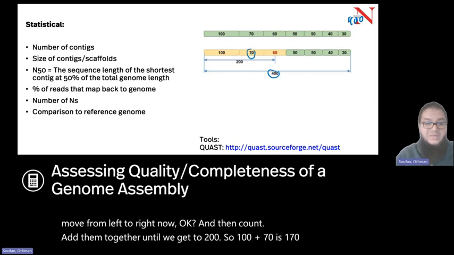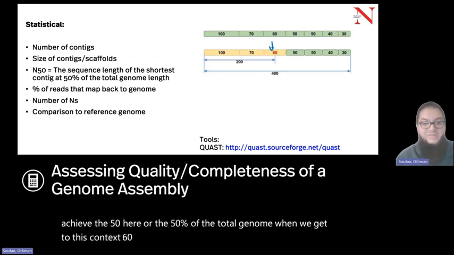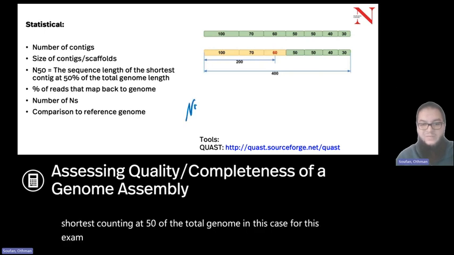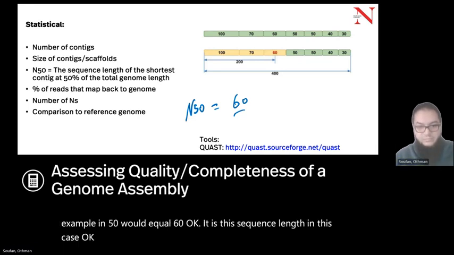We achieve the 50%, or half of the total genome, when we get to this contig, 60. So N50, that is the sequence length of the shortest contig at 50% of the total genome. In this case, for this example, N50 would equal 60. Okay, it is this sequence length in this case, okay?